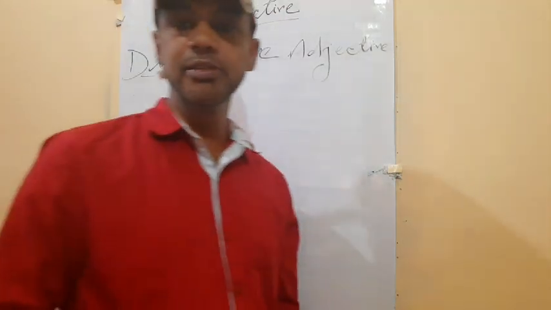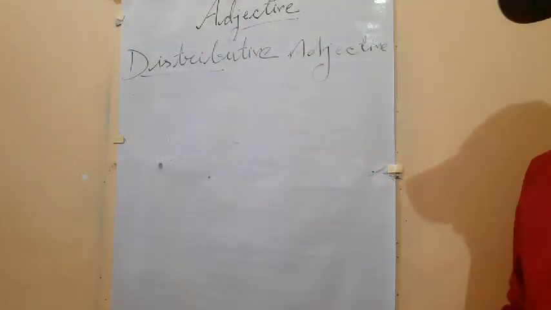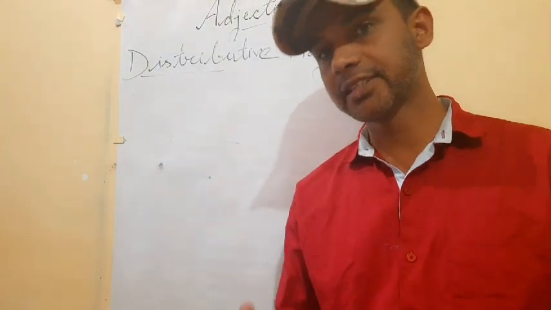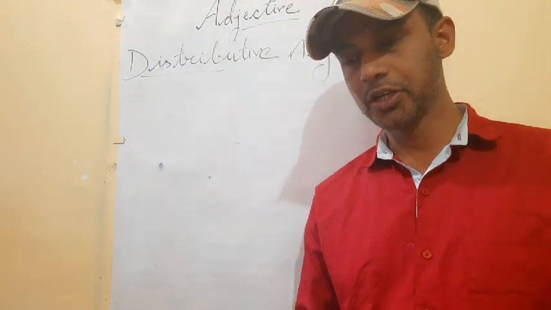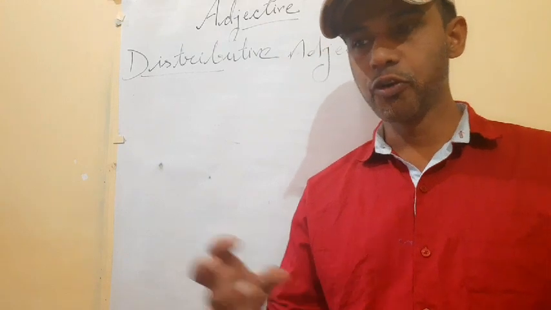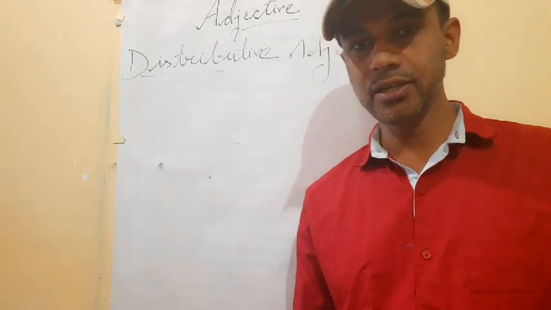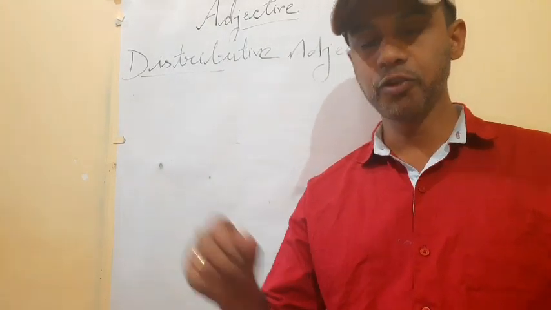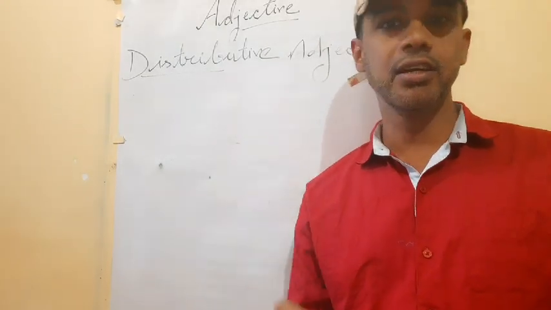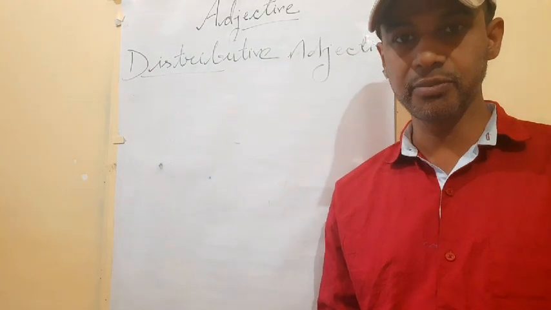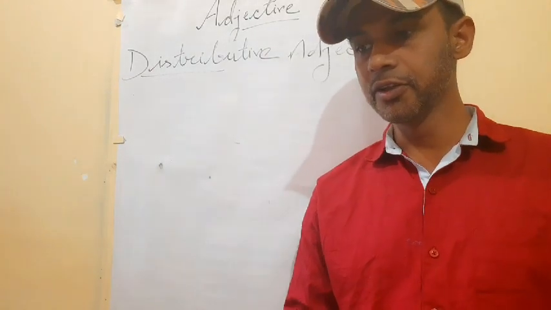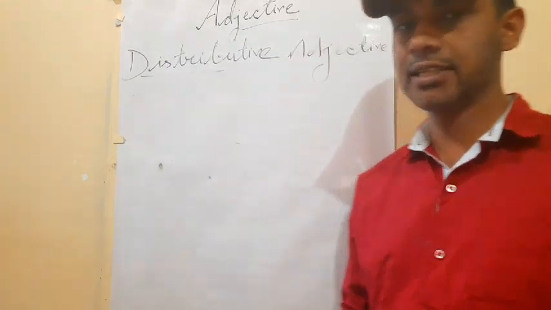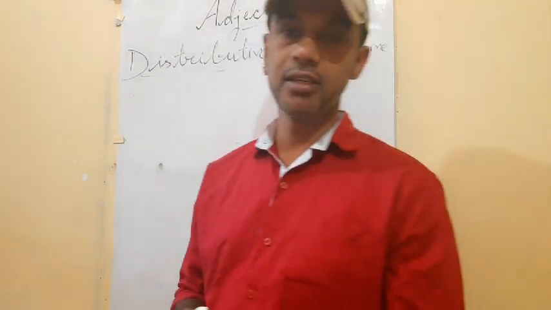Distributive adjectives are used whenever we indicate a group, whether that group is small or big, or we indicate any of two persons. Usually it is used for a group. Distributive comes from distribute. Usually the words in distributive adjectives are each, every, either, neither.